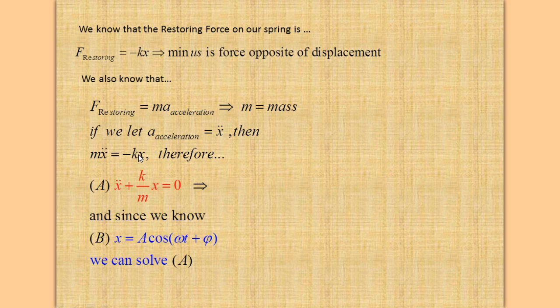If we divide through by m, we get x double dot plus k over m times x equals 0. And since we know equation B, x equals A cosine omega t plus phi, our previous equation, we can solve equation A.